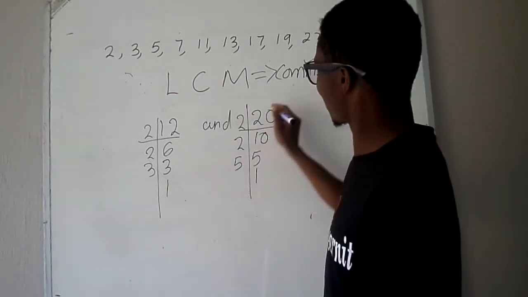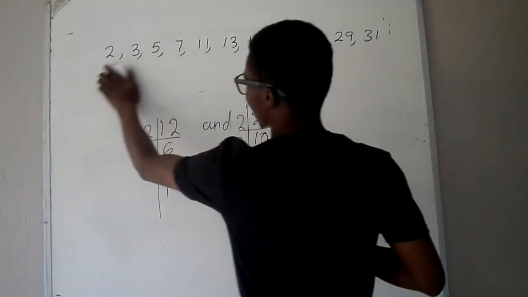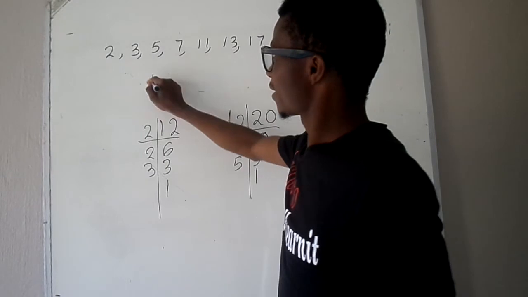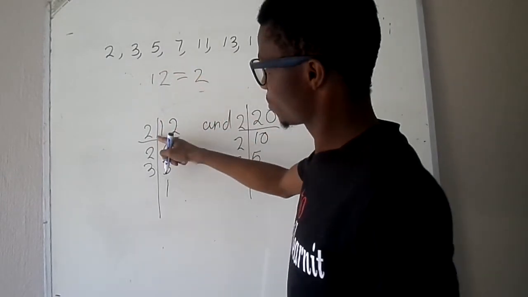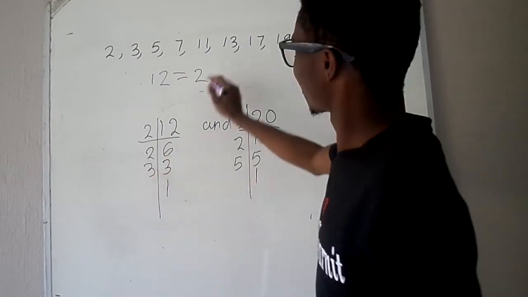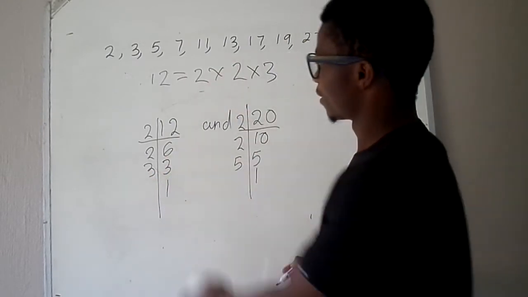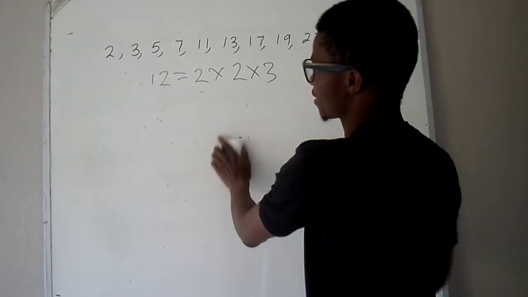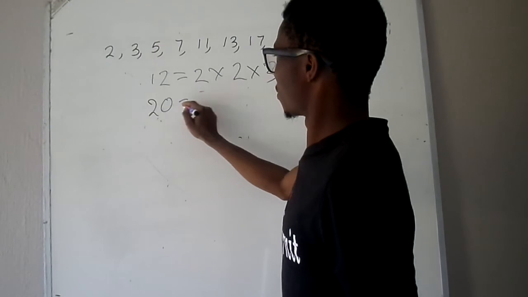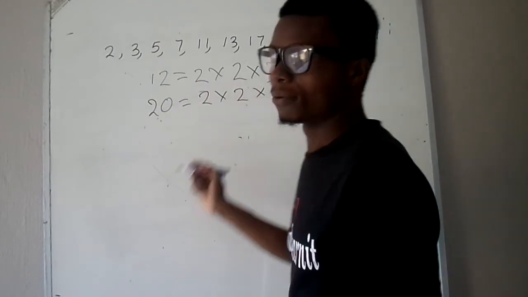So writing 12 as a product of its prime factors is 2 times 2 times 3. Writing 20 as a product of its prime factors is 2 times 2 times 5.